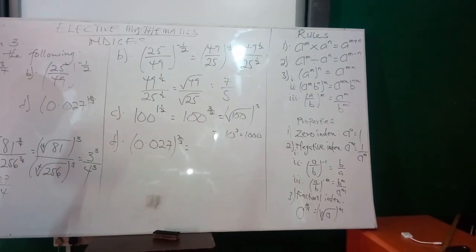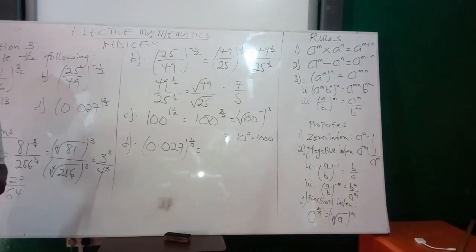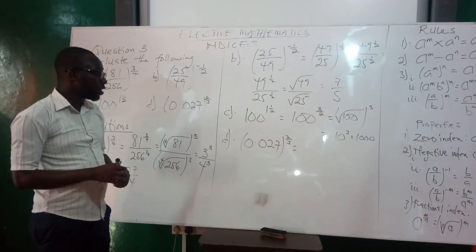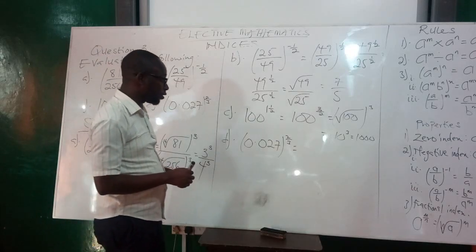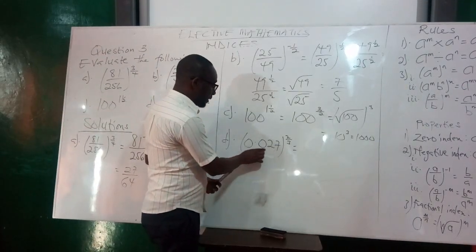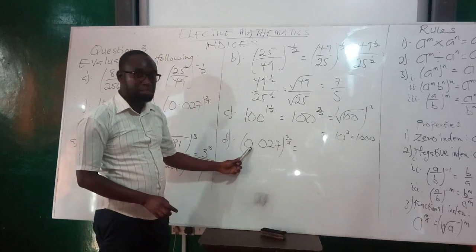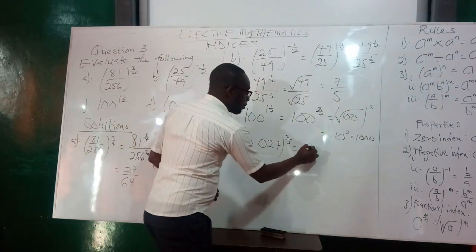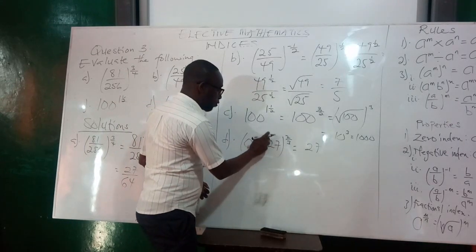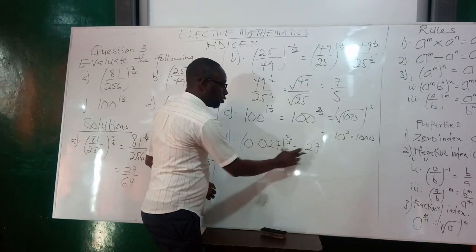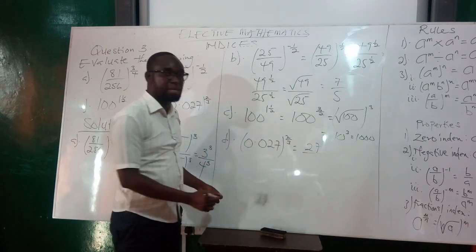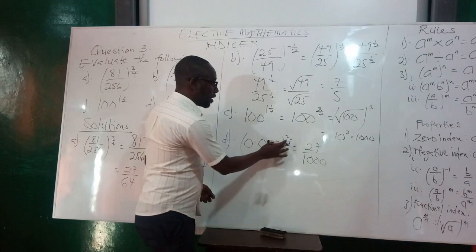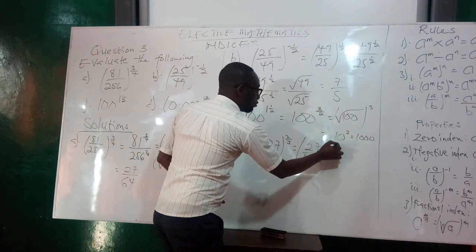Okay, so let's look at the resolution. Now this is in decimal, so we need to convert it from a decimal to a fraction form. So you can write this as 27 over, now you move 3 places, so the denominator is 1000. Then exponent 2 on 3.